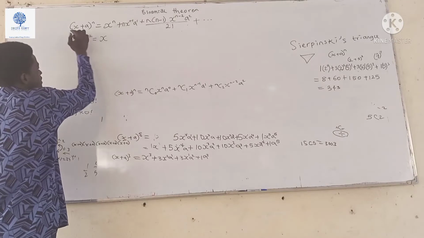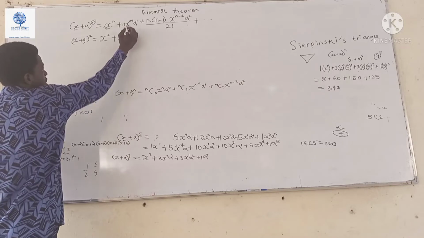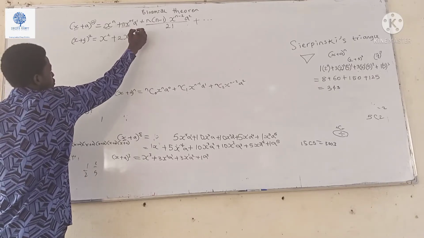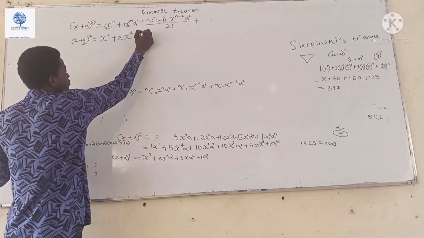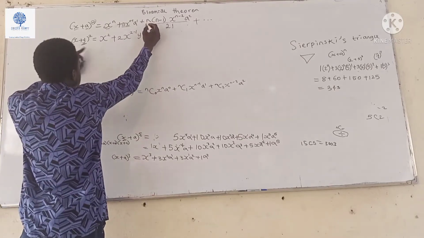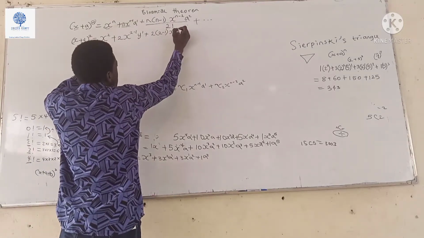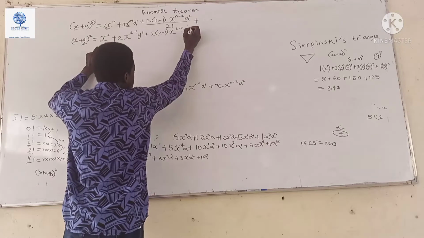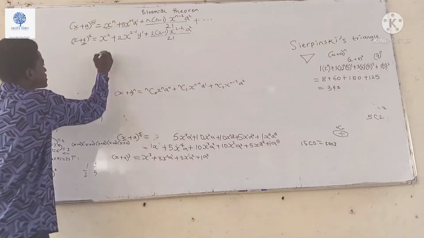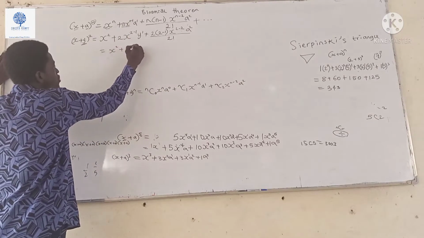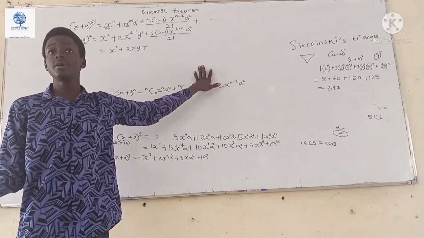This is x, we said this first one is to the power of n, so x to the power of 2, plus n, that power now 2, times x to the power of 2 minus 1 times a, which is our second term in this bracket, y to the power of 1, plus n, our power, which is 2, times 2 minus 1, times x to the power of 2 minus 2, and then a to the power of 2 all over 2 factorial.